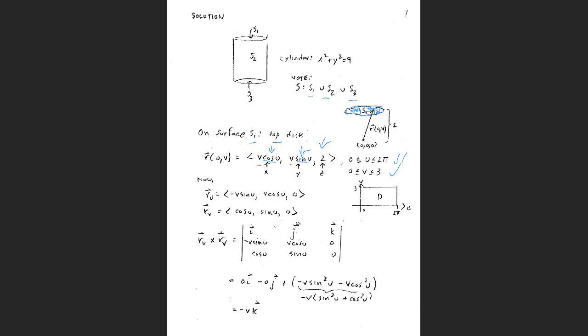Notice the v goes from 0 to 3. That makes sense because the cylinder has radius 3, so the disk has to have radius 3. So essentially with this parameterization, you're creating a bunch of concentric circles with different radii based on the value of v.